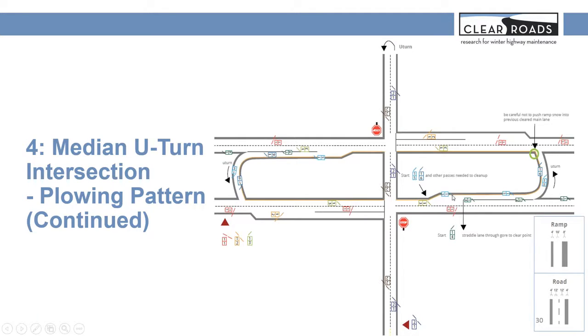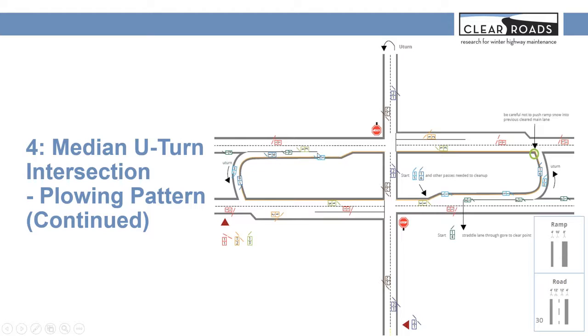Again, use the front plow, push snow to the left, but stay to the left on this part of the U-turn lane. And when it enters the U-turn lane here, the track will shift to the right, but still push snow to the left. So that's pass number 5.